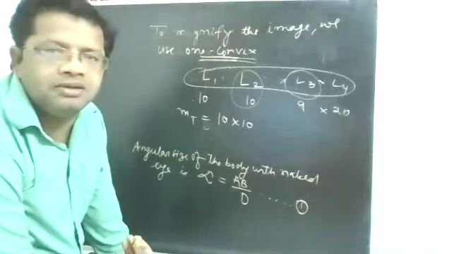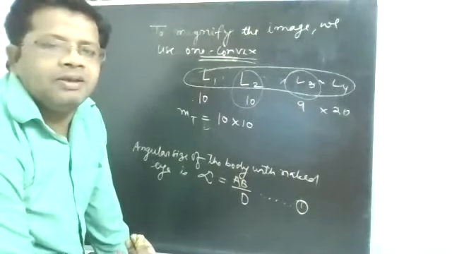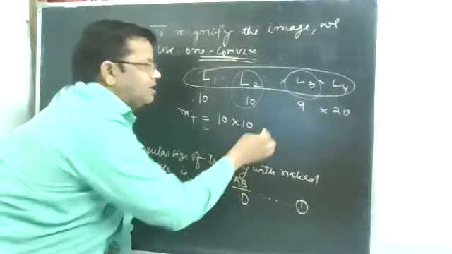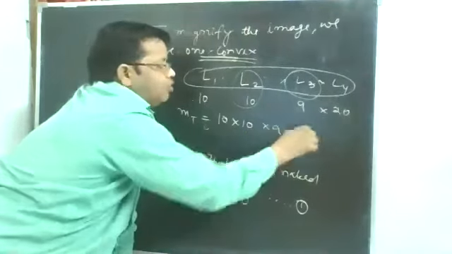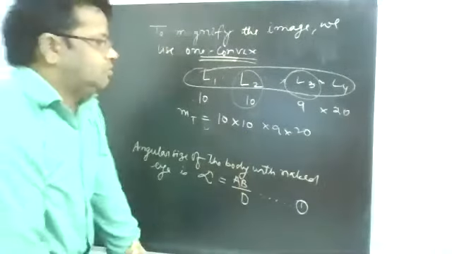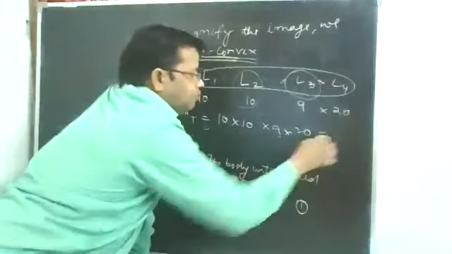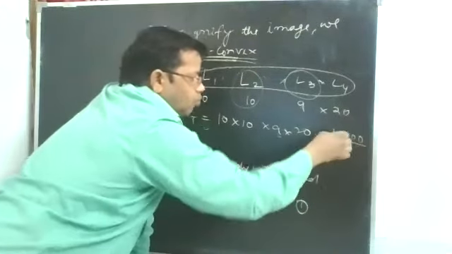It means the magnification goes on increasing, it multiplies. So 10 into 9 into 20 will be the total magnification. 100 into 9, 900, 900 into 2, 1800, 18,000 times the total magnification.